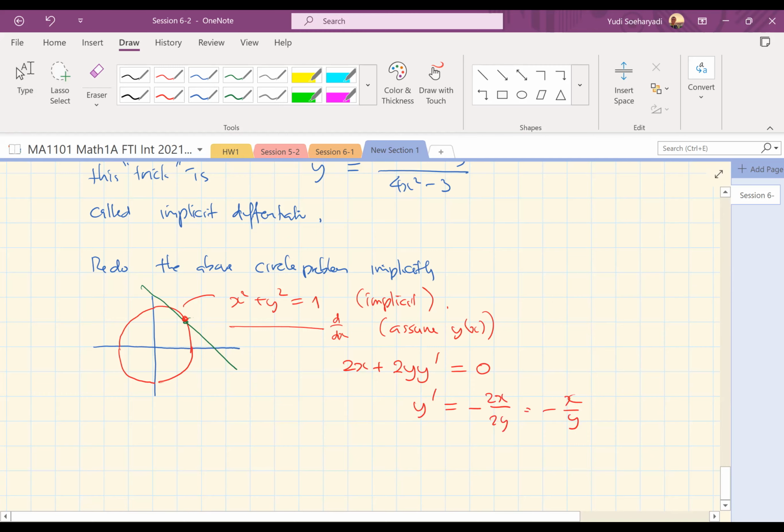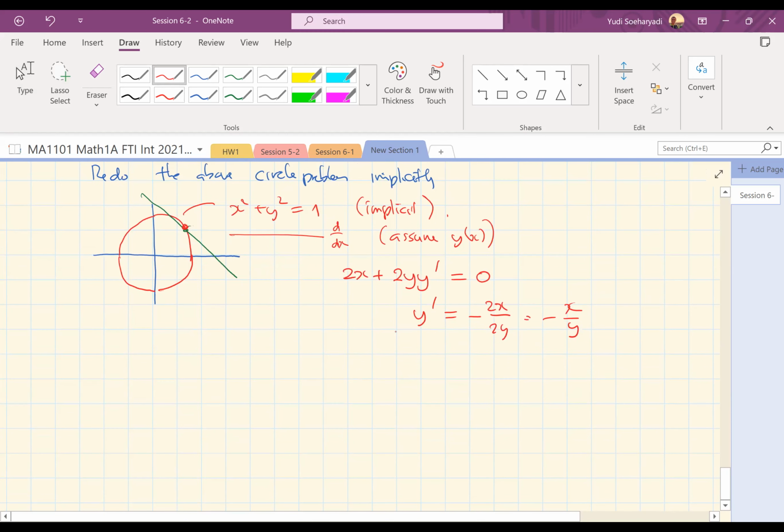And when you compute the slope at the point with square root of 2, that's y prime computed at this point.